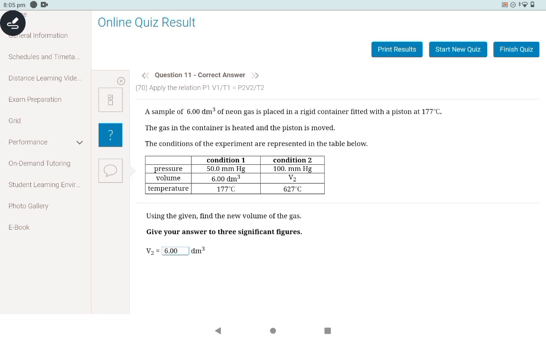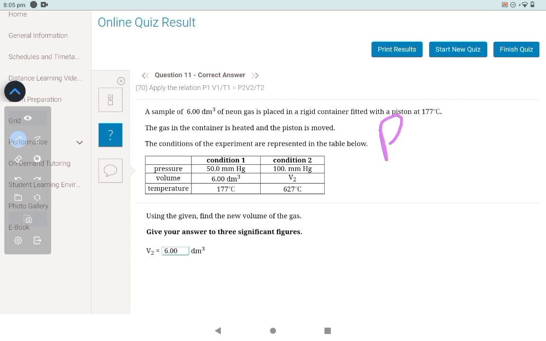Now, this is back to what we used to do before. P1 V1 over N1 T1: pressure 50 times 6 over N1.